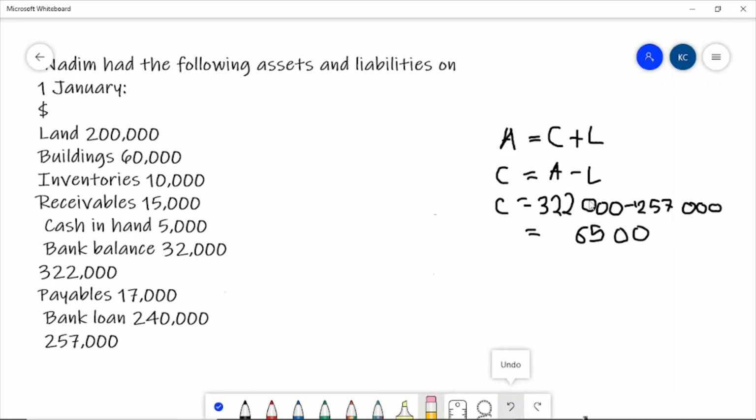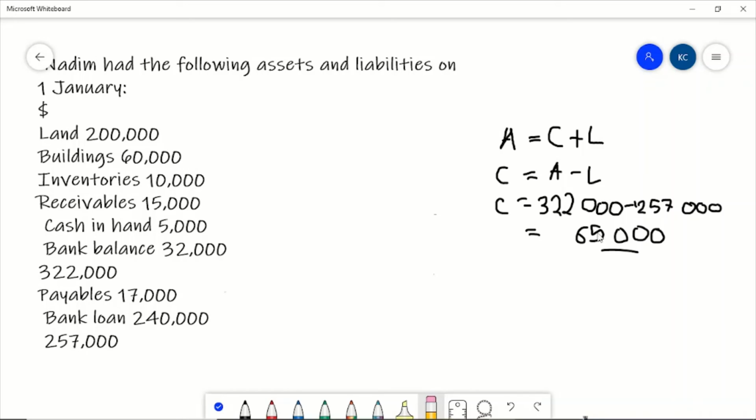So what I'm saying is that we have the capital 65,000.